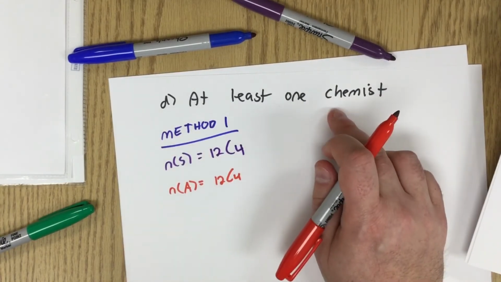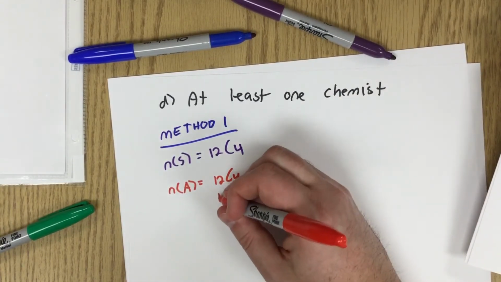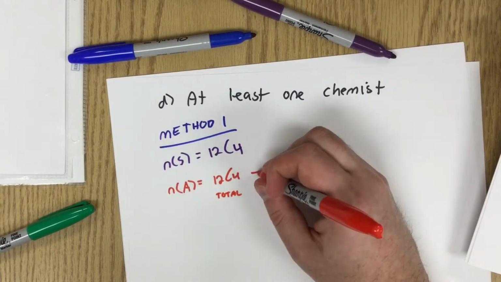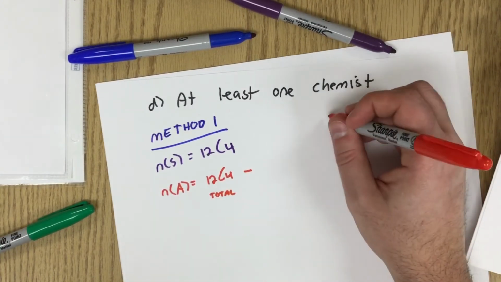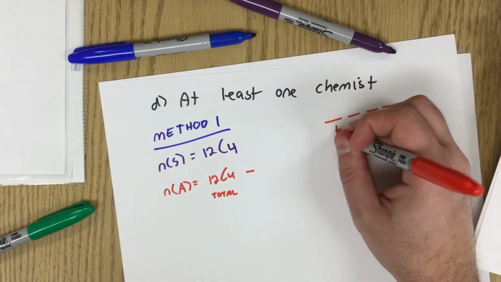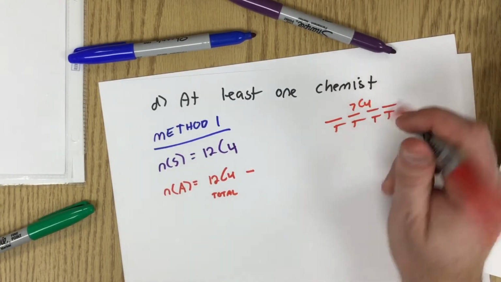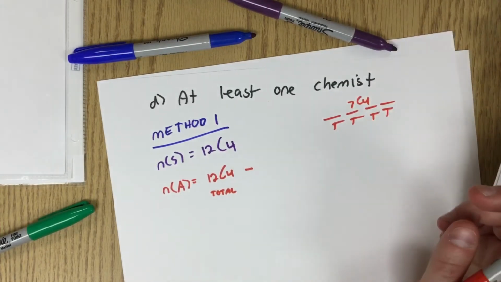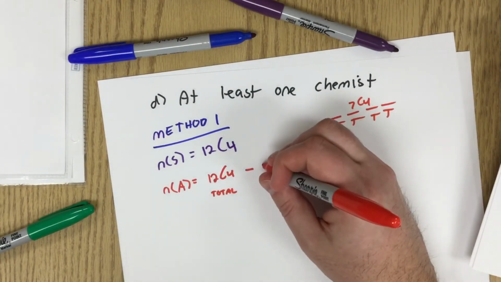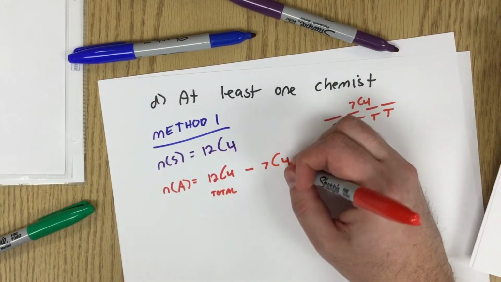If we want at least 1 chemist, a bad one would be all techs. The number of ways for it to be all techs would be 7 choose 4. So it'd be 12 choose 4 minus 7 choose 4.